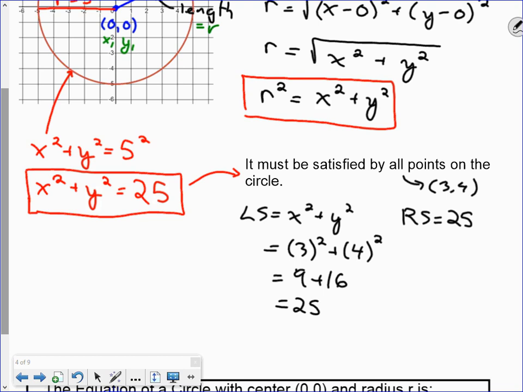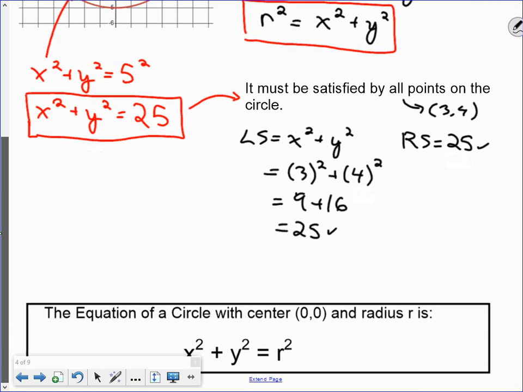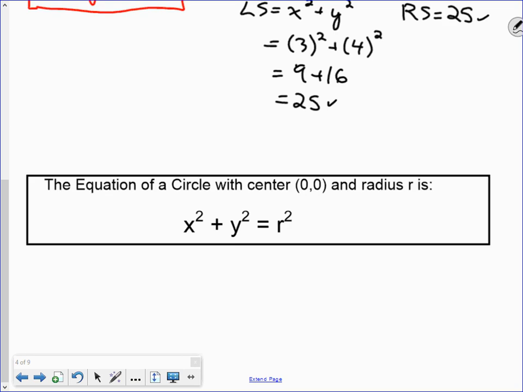So that point on our circle, (3, 4), does indeed satisfy this equation. So this is our first big point here: the equation of a circle with center (0, 0) and radius r is x squared plus y squared equals r squared.